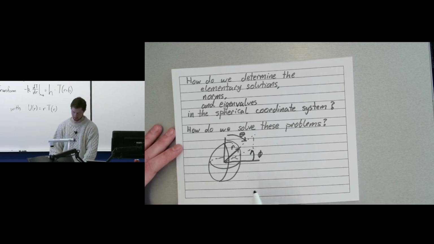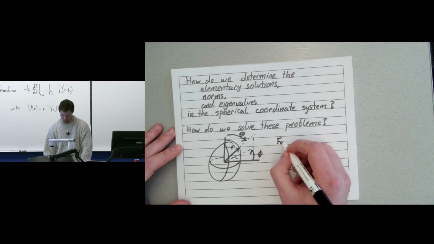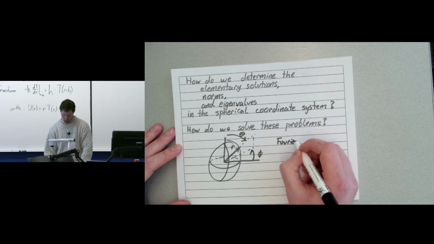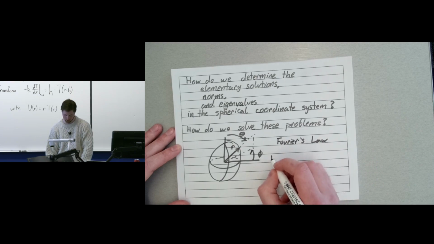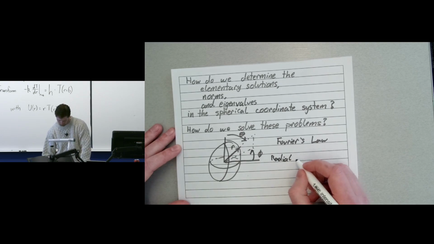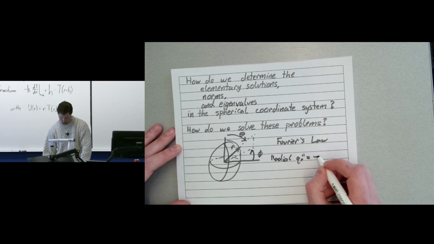With these, we can look at Fourier's law for each of these individual components. In the radial direction, we will have q sub r double prime equals negative k dT/dr.